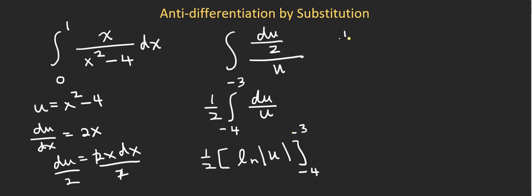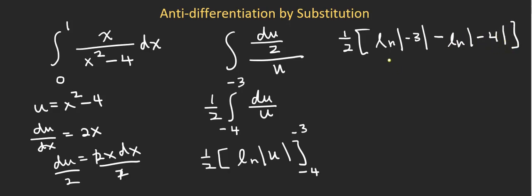So you get 1 over 2 times the quantity natural log of the absolute value of negative 3, minus natural log of the absolute value of negative 4. So you end up getting 1 over 2 times natural log of 3 minus natural log of 4.